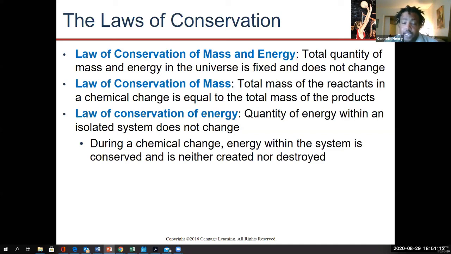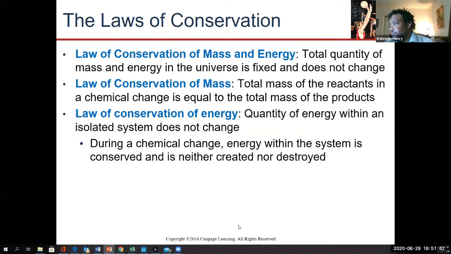It can neither be created nor destroyed. So the only thing you can do is change its form. If you're using chemical energy, meaning you're breaking bonds and making bonds, that can be changed to heat, and then to other forms, like kinetic energy or electrical energy.